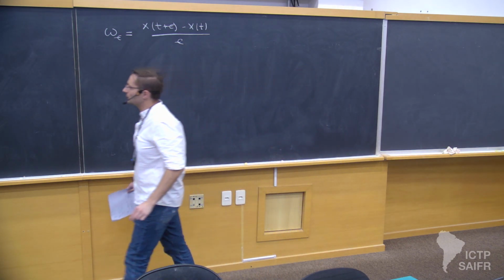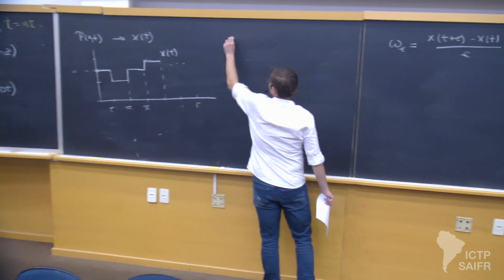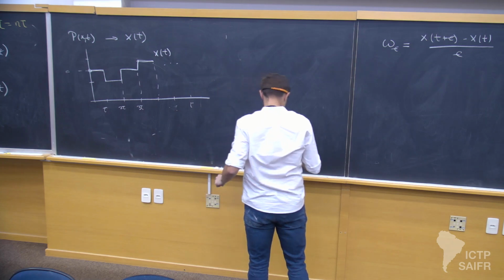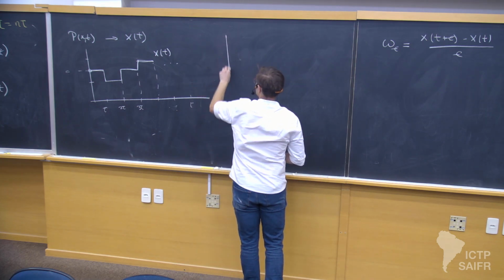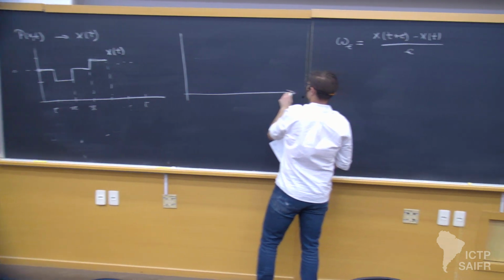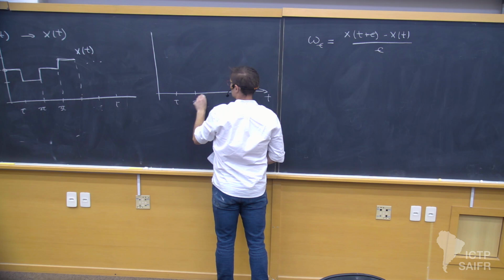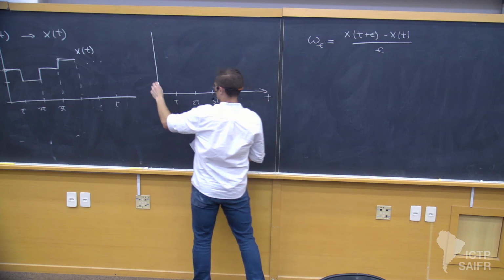We can see how it looks like here, right? t, tau, 2 tau, 3 tau, 4 tau.